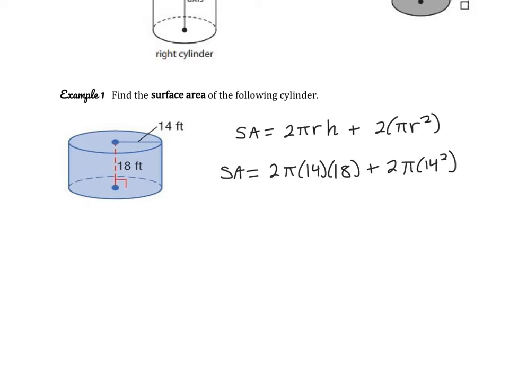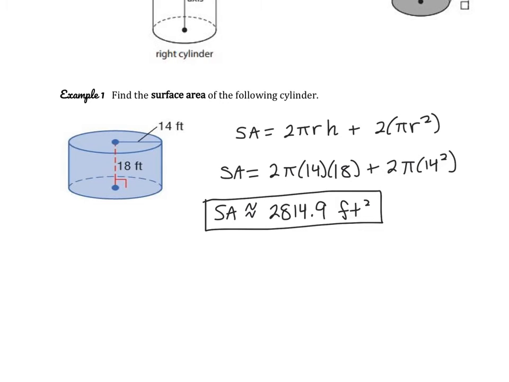Here we can use our scientific calculator, and you can use the pi button on your calculator, and we'll get a decimal approximation. You should get approximately 2,814.9 if we round to the nearest tenth, and then we'll say feet squared, because remember, area is always units squared.